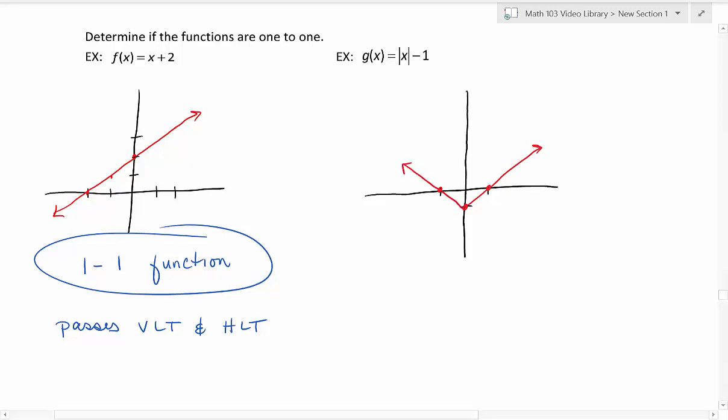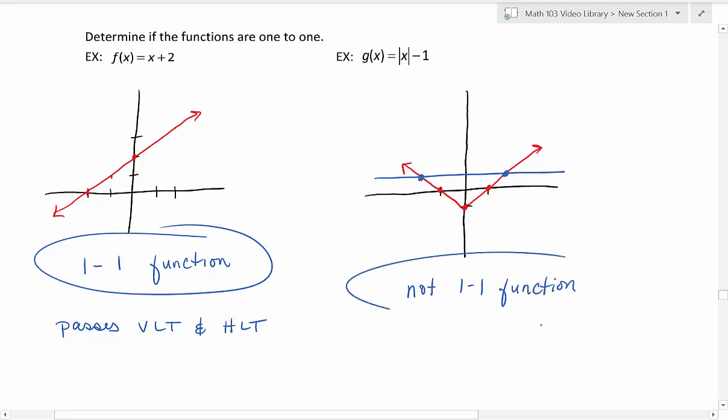We can see that this graph passes the vertical line test, however, it fails the horizontal line test. So this is not a one-to-one function. And our justification is that it fails the horizontal line test.